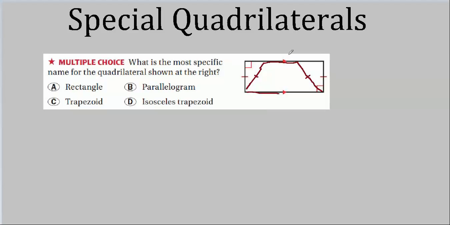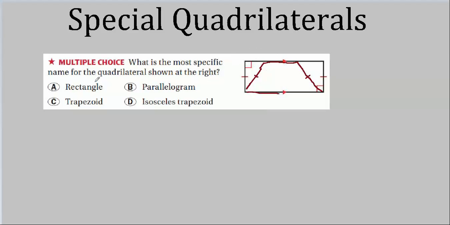However, we have 90-degree angles here, so we can say even more. We have a parallelogram. Opposite sides are congruent. One pair of opposite sides is congruent and the other pair is parallel. That gives us a parallelogram, but we have a 90-degree angle, which gives us a rectangle.